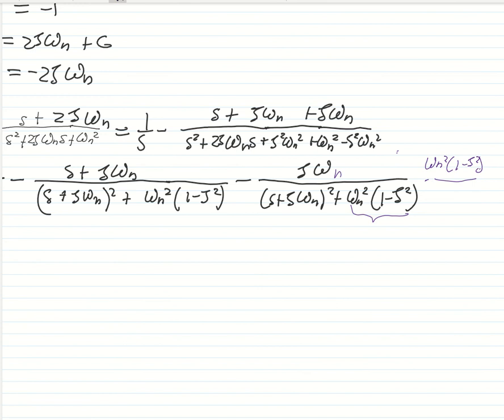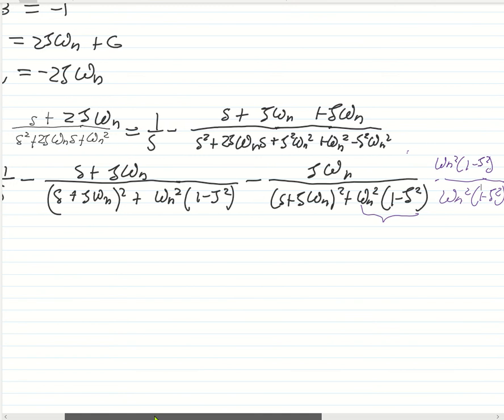Omega n. So this will also be omega n squared times 1 minus zeta squared. Then after that, we can cancel out the 1 omega n here. So we already have 1 at the denominator. Let's continue this. This will be equal to 1 over s minus s plus zeta omega n.